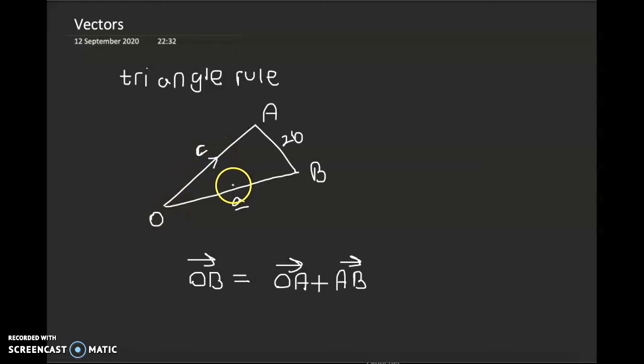If we were to say what OB is equal to, we would be saying that OB is equal to OA being C and AB being minus 2B because we're going in the other direction. So we would be doing OB is equal to C minus 2B. And you can say A is equal to C minus 2B because we've been given the value of OB.